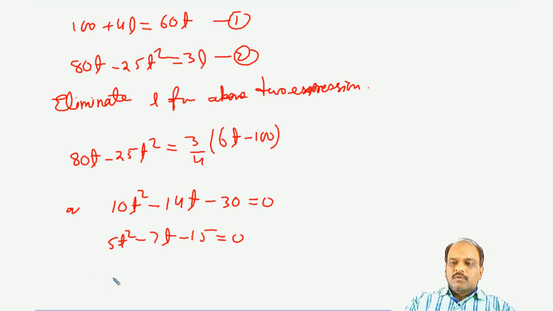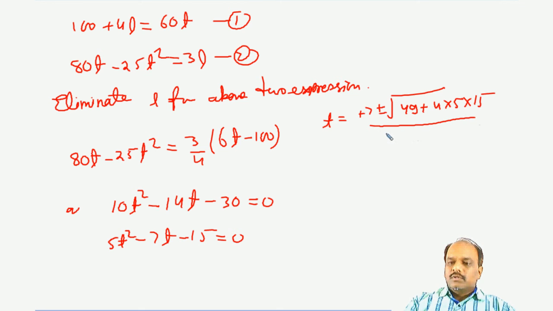So t is equal to 7 plus minus root over b square means 49 plus 4 into 5 into 15, divided by 2 into 5. So t comes out to be 2.57 seconds.